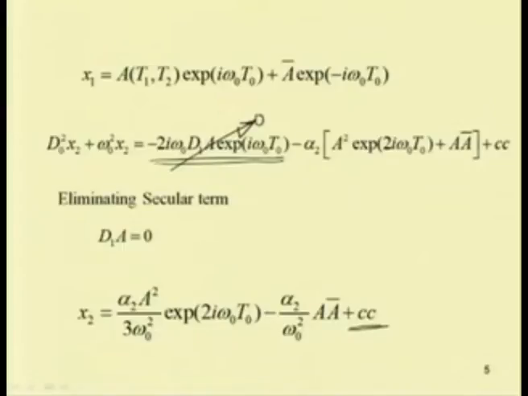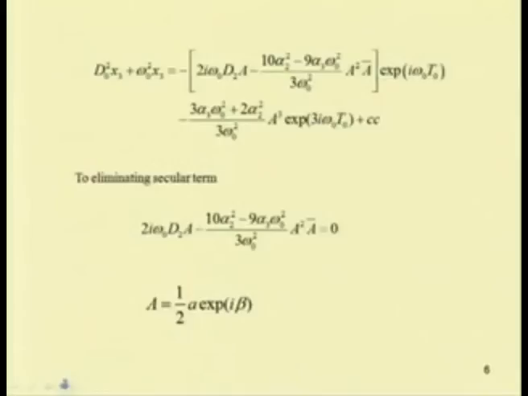Now we know the solution in terms of x 1 and x 2, but we do not know the exact value of a. By substituting these x 1 and x 2 in the third equation, one can find this expression.